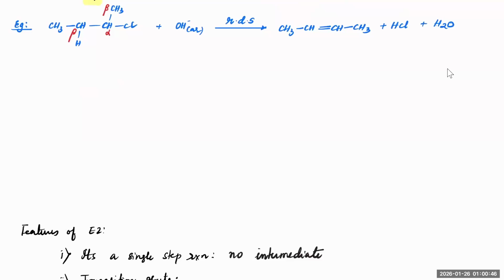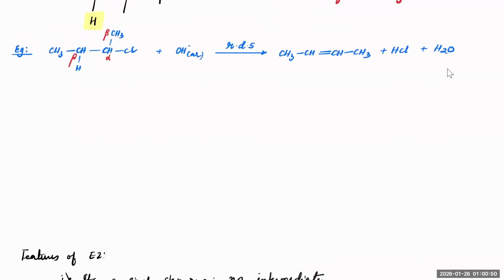So if you have to write it step by step, take this. Now imagine OH minus attacking this hydrogen. As it takes away H plus, the bond at the same time will break and convert into a double bond. Simultaneously, at the same time, chlorine will also leave.